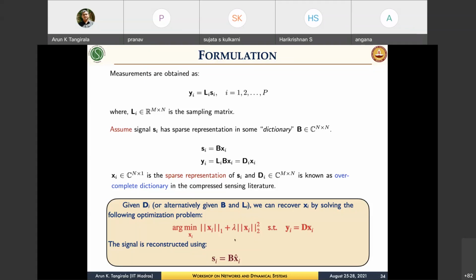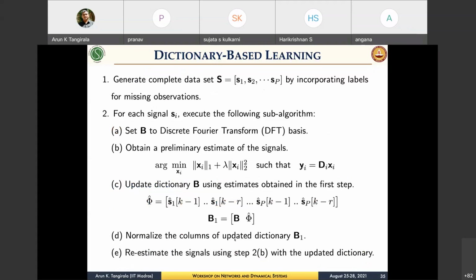That is another way of looking at it. And so what you do is, instead of reconstructing the signal, first we recover the representation. And once the representation is discovered, then the signal is reconstructed. That is the idea. So this is a procedure.